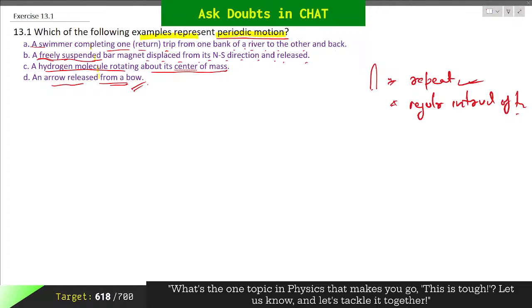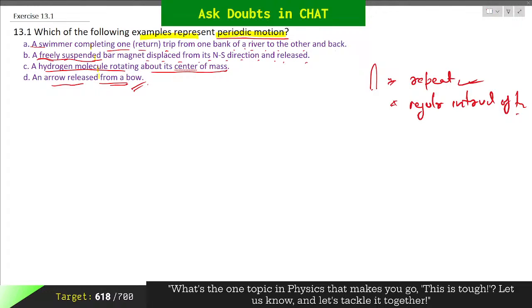The second option is a freely suspended bar magnet displaced from its north-south direction and released. So the nature of motion here is, when displaced from its equilibrium position, the north-south direction, the bar magnet will oscillate back and forth around its direction due to the restoring torque from the Earth's magnetic field.